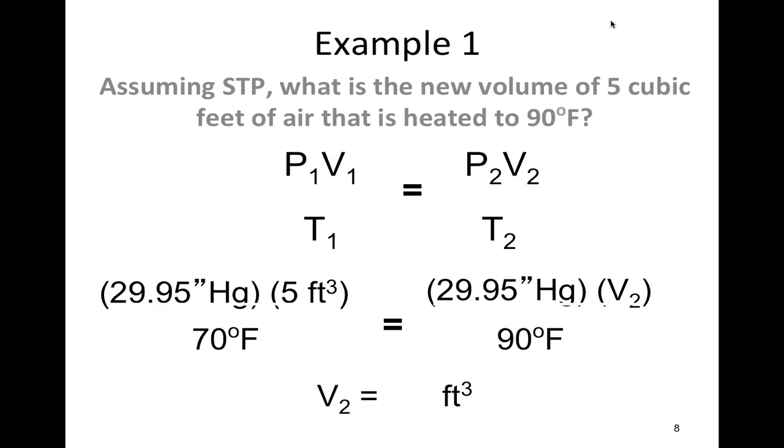Another variation of this formula: remember, pressure and volume were on one side, temperature on the other side. Well, you can put them both on the same side and say pressure times volume over the temperature of a quantity of gas is going to be equal to, if you change any one of those factors, the new pressure times the new volume over the new temperature.